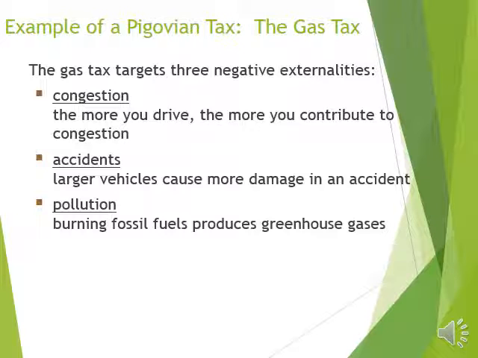Also, accidents. You may not realize this, but larger cars consume more gas. That's easy to understand, but what you may not understand is that the larger the car, the more likely it is that you are going to kill someone if you have a car accident.